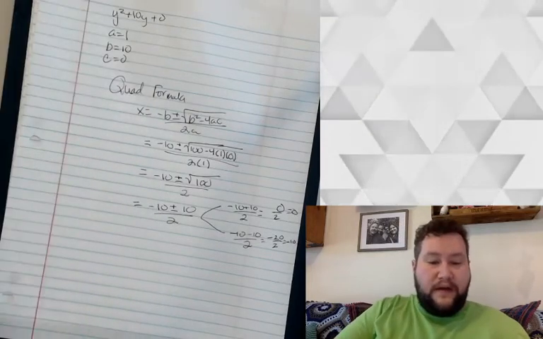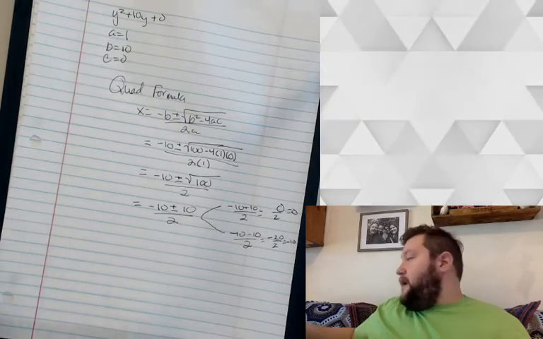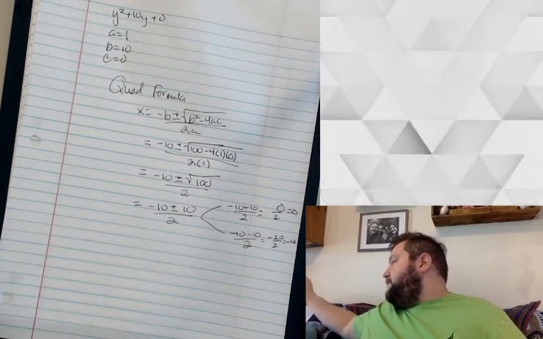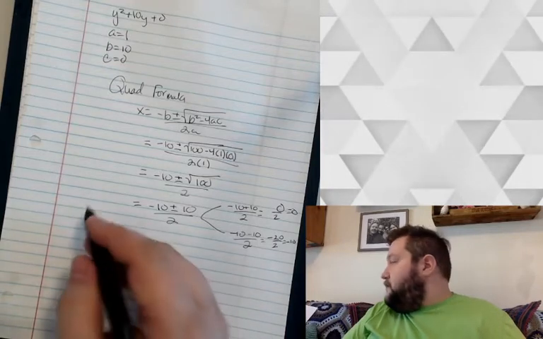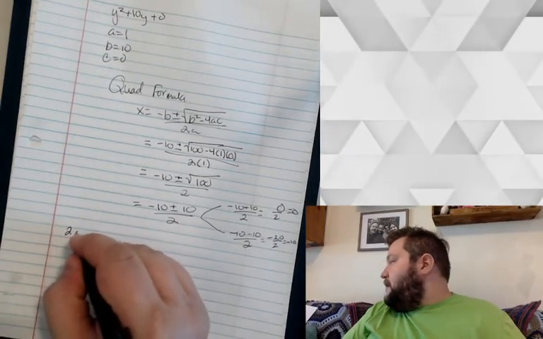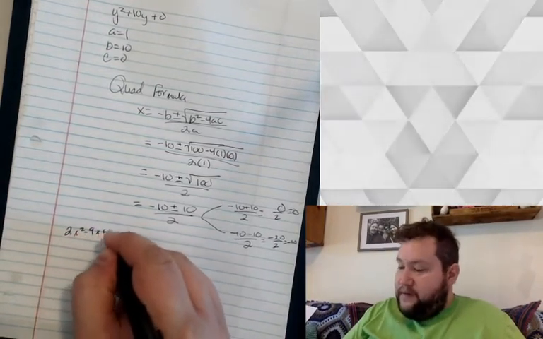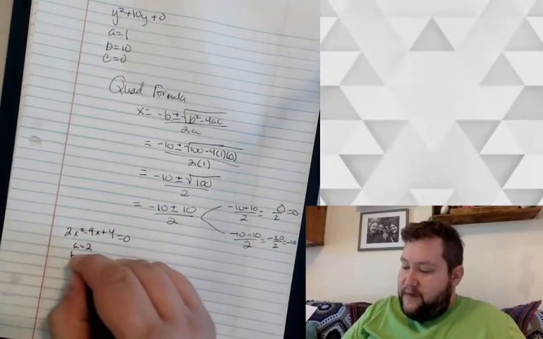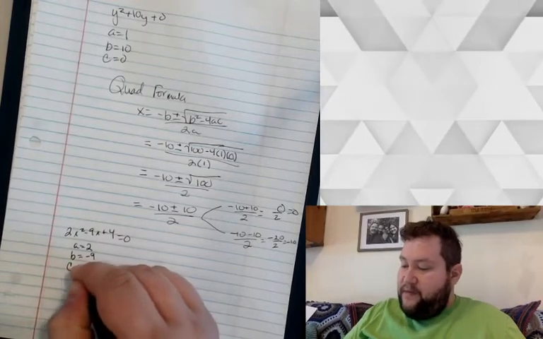We could also look at another example. Our very first example of the day was 2x squared minus 9x plus 4 equals 0. So a equals 2, b equals negative 9, and c equals 4.